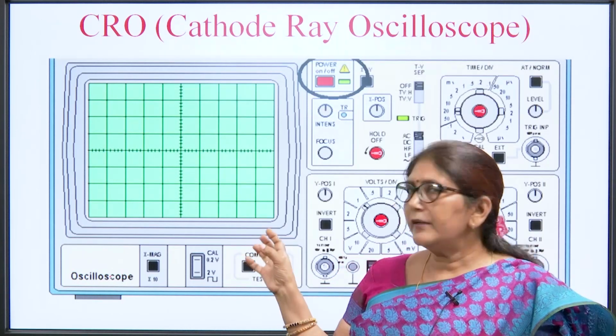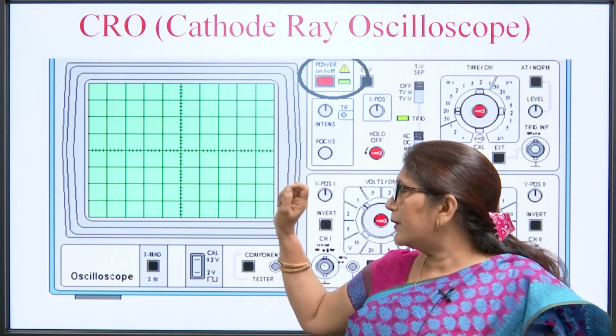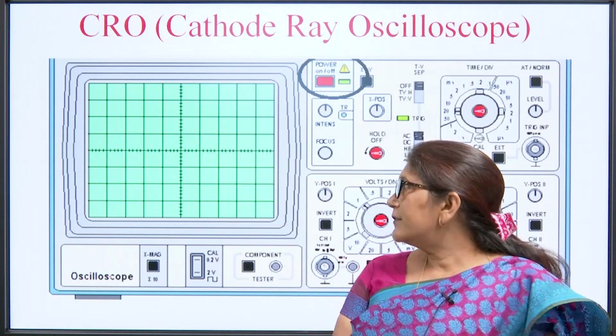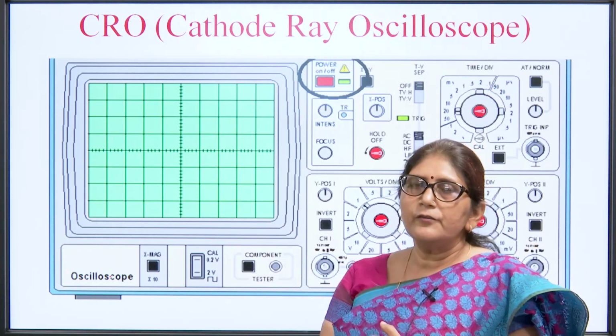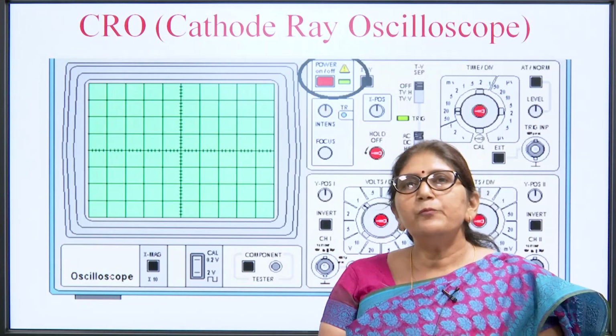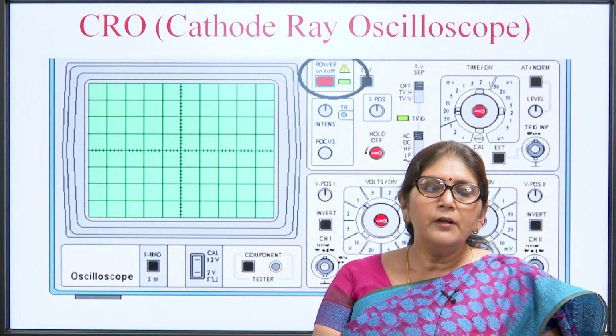It converts the spot striking the screen into a waveform, so we can see the waveform on this screen. The screen displays the shape of the waveform, and by that shape we can measure.